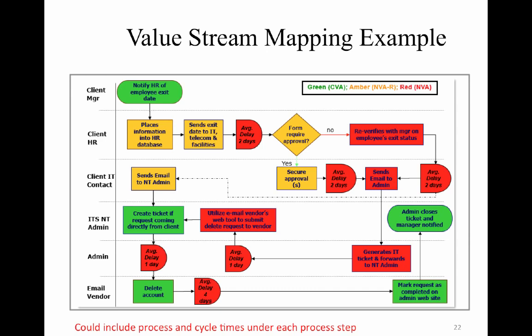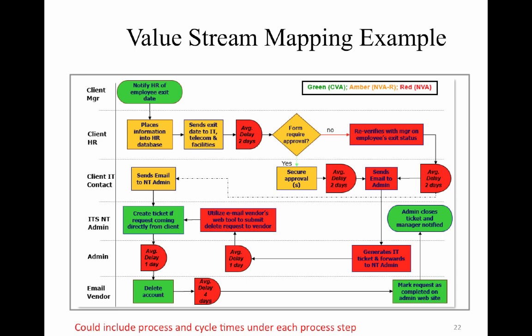Now, a value stream map often will include things like this, but then you could have some times. We talked earlier about process times and cycle times. If you have those times on your map, you can use those to identify where there might be a bottleneck or where there might be some process delays, and how long the waits, the delays, and the process steps take, so that you can try to enhance your process.